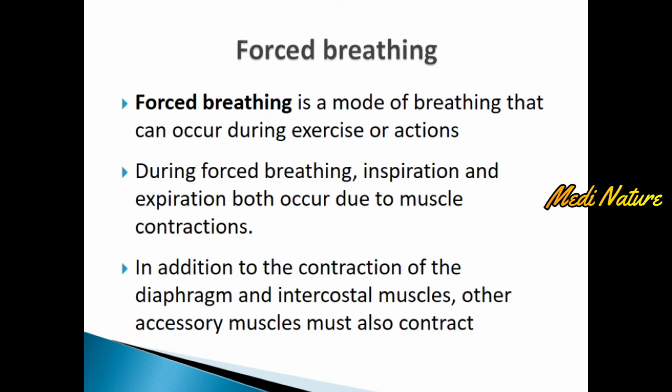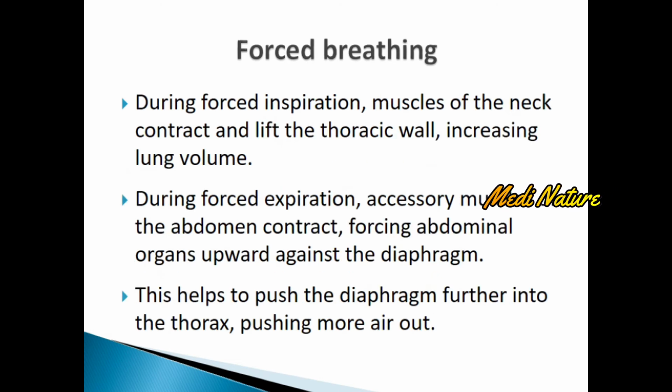In addition to contraction of the diaphragm and the external intercostal muscles, the internal intercostal muscles and the accessory muscles are contracted. The accessory muscles are the muscles of the neck, muscles of the shoulder, and muscles of the abdominal wall. During forced inspiration, muscles of the neck also contract and lift the thoracic wall.